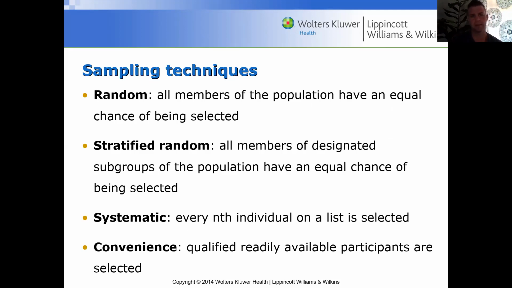Then, how can you sample? It can be random. All members of a population have an equal chance of being selected. It's sort of like any of you that read The Hunger Games or watched the movies. That's sort of how they randomly pick young adults and kids to do that whole thing, how they pick balls.